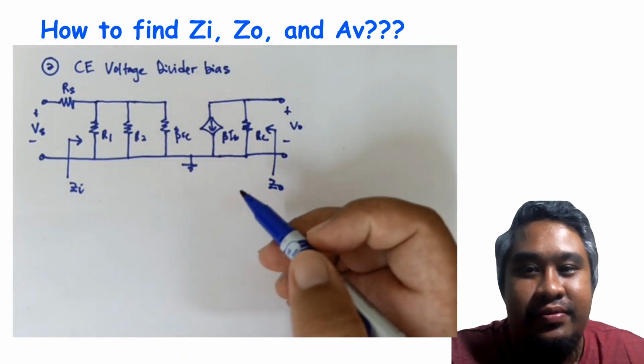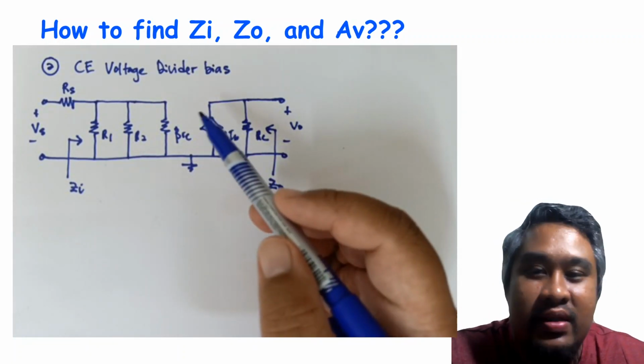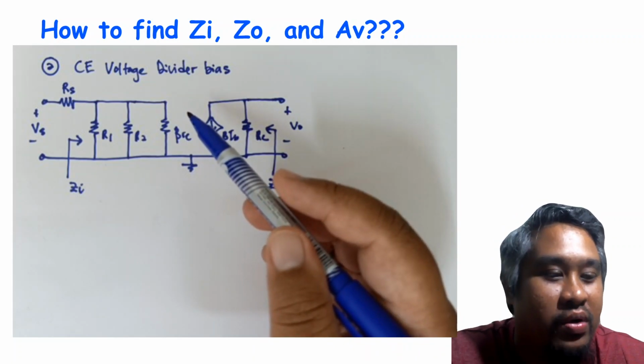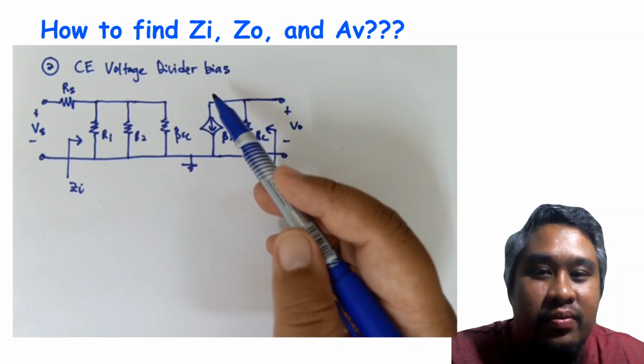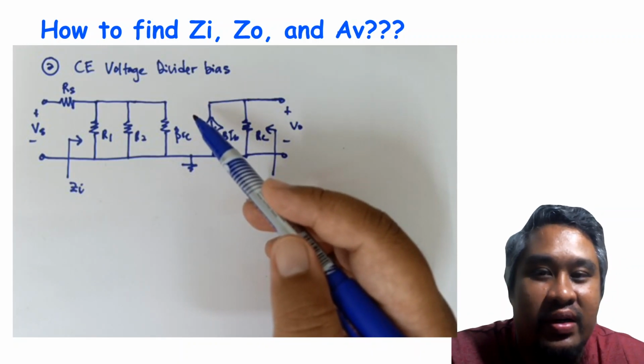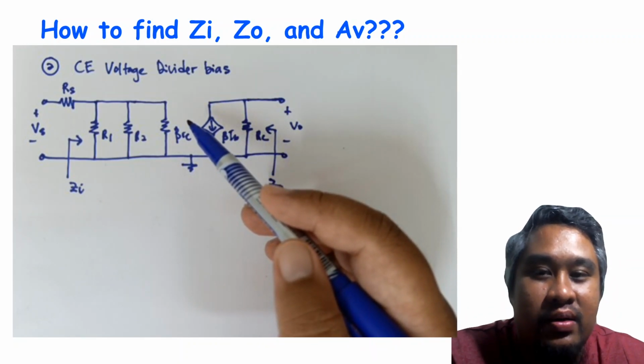Okay, class, this is our second circuit, the common emitter voltage divider bias configuration. I just use what we have drawn in our previous video.